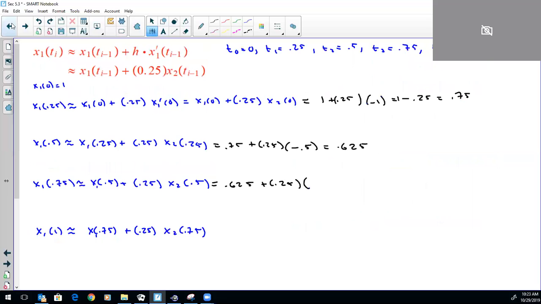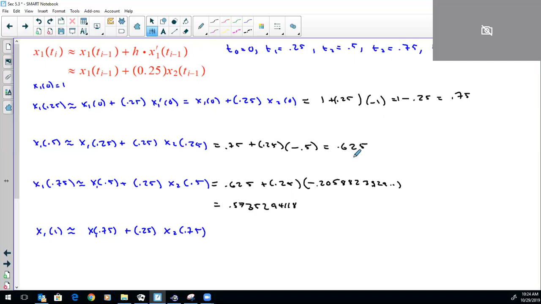So let's go over here and plug that in here. That goes right here. Negative 0.20588239 dot dot dot. And that gives us 0.5735294118.